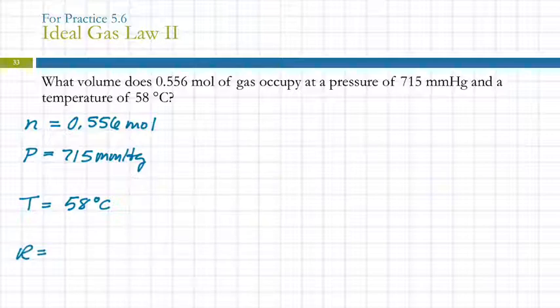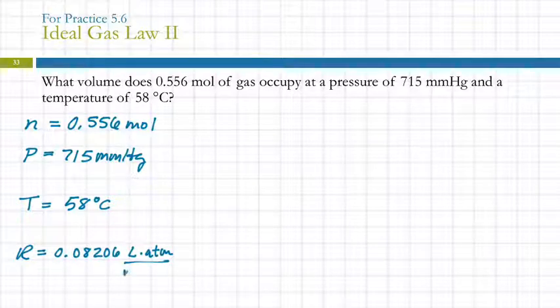So we know that R equals 0.08206 liter atmospheres per mole Kelvin. Those are the units we need for our other quantities. So n is in moles, that's good. Can we use millimeters of mercury for the pressure?